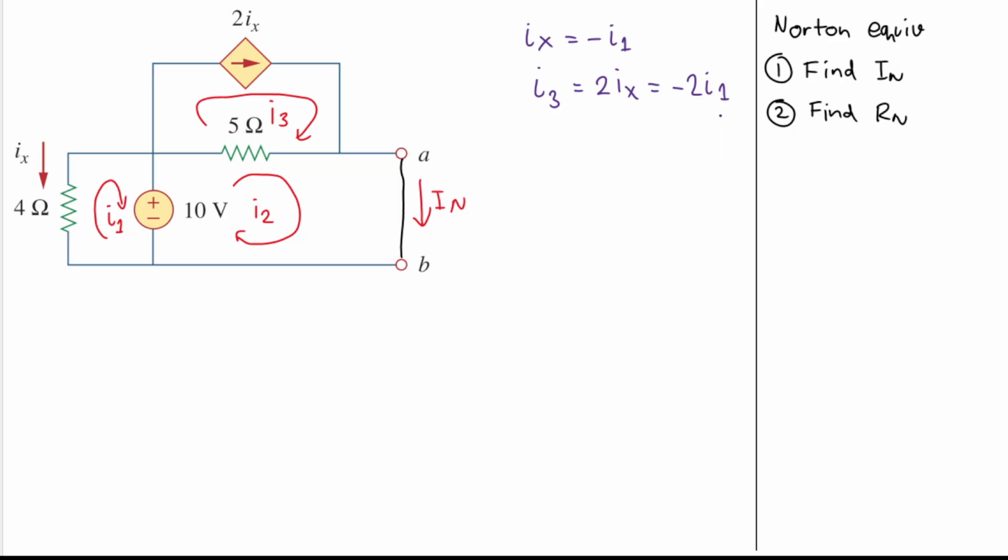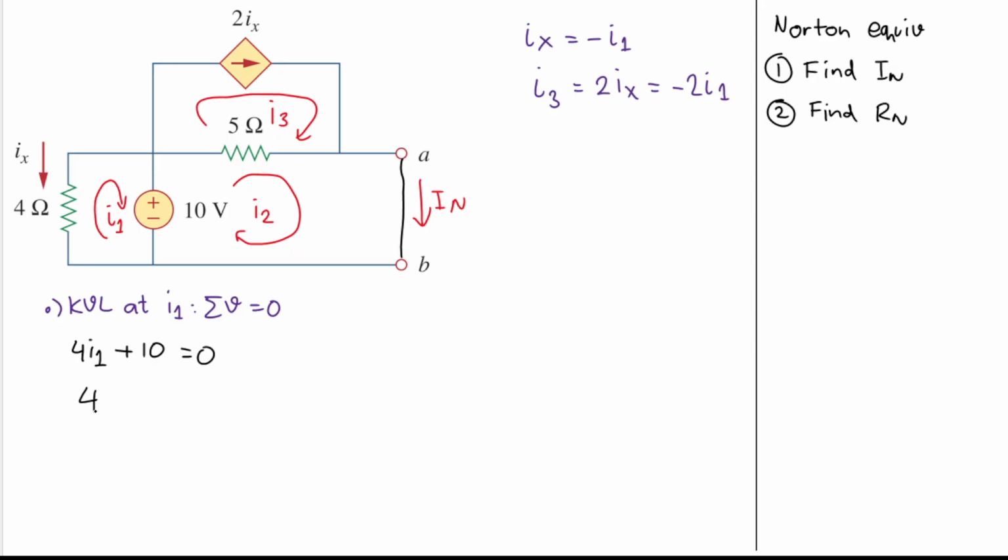Now what can we do? We can do KVL at I1 and I2. KVL says that the sum of the voltages in a loop equals 0. Let's start from this 4 ohm resistor. I will have 4I1, and plus 10 because the current goes from the positive terminal to the negative terminal, and all of that equals 0.